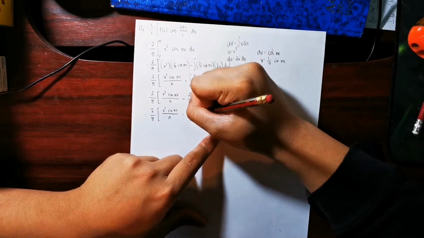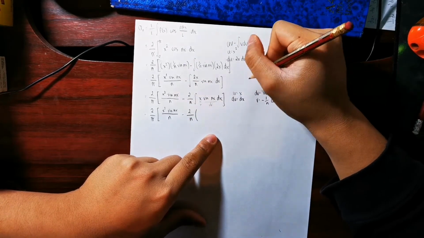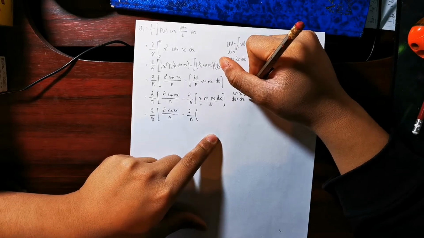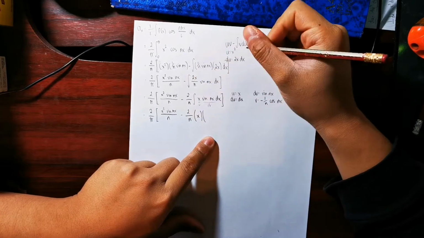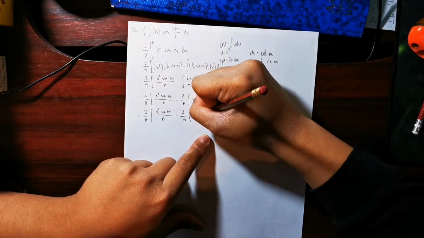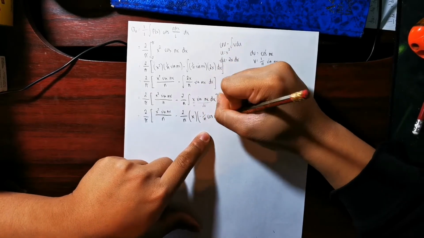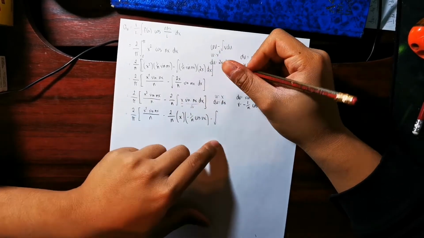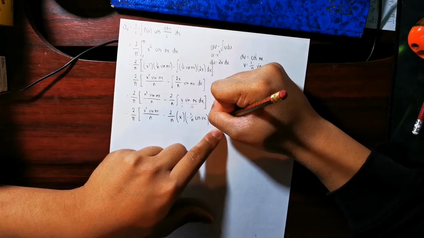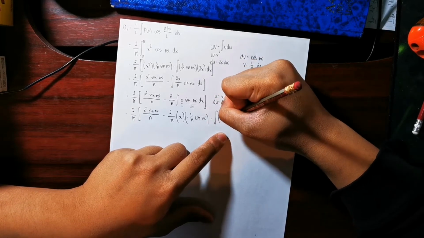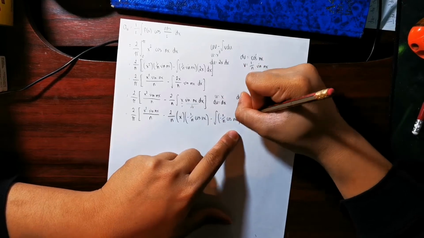So we will have u times v, which is x times negative 1 over n cos nx, minus the integral of v du, negative 1 over n cos nx dx.